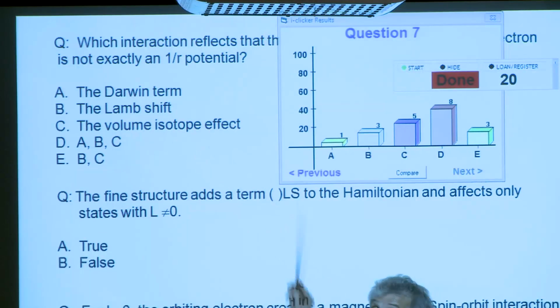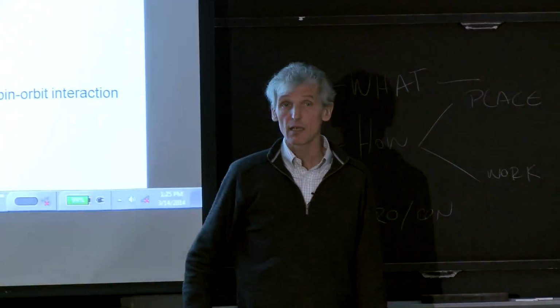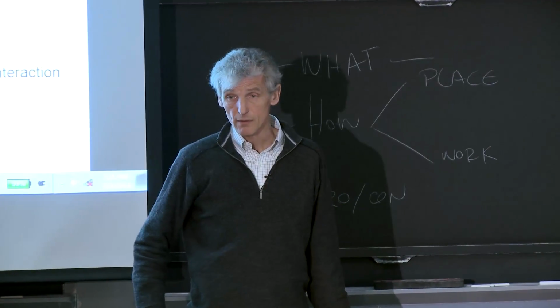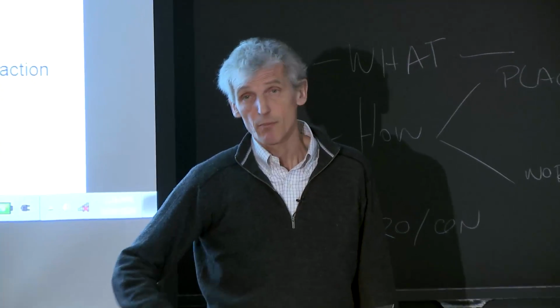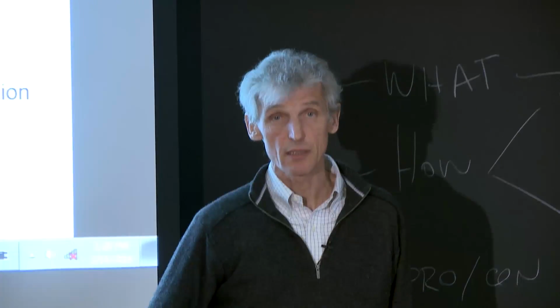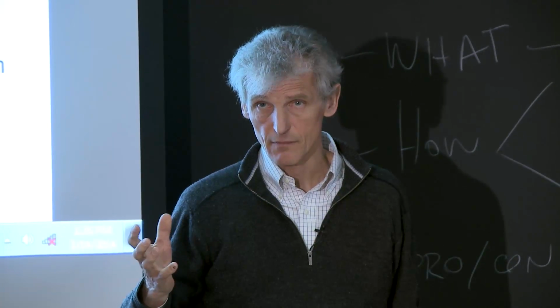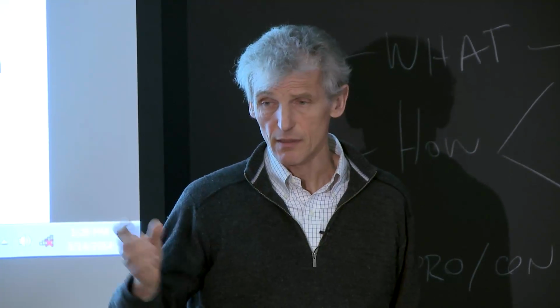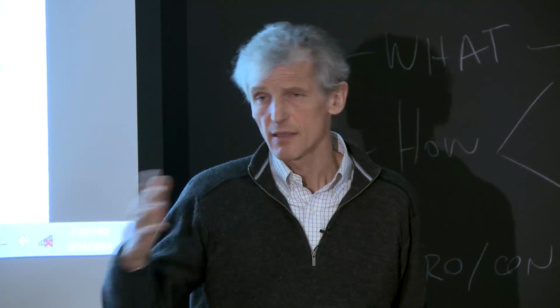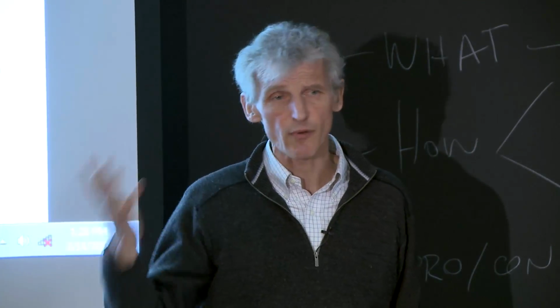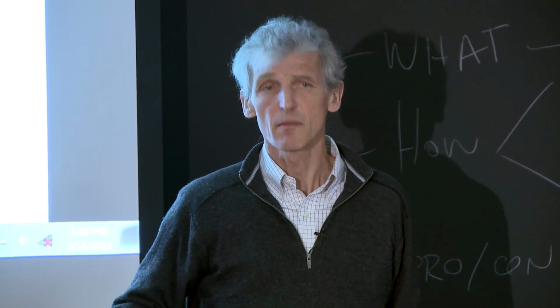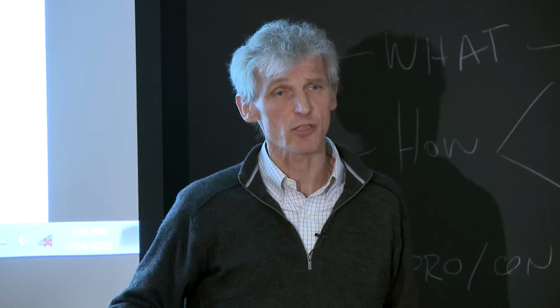The Lamb shift is actually causing a deviation from a 1 over r potential because, you can say, the fact that we have QED, that we have other modes of the electromagnetic field, means that there's a deviation from the 1 over r potential.